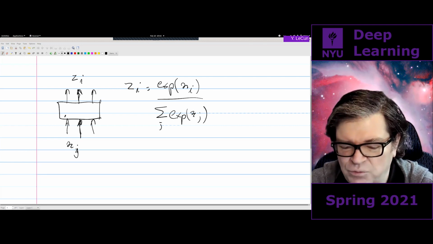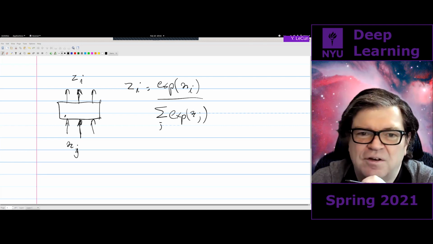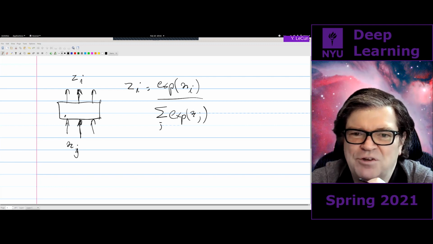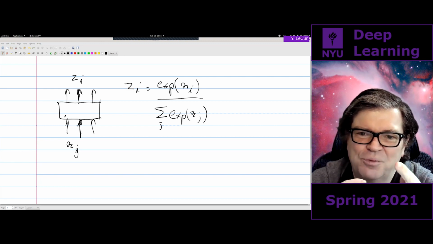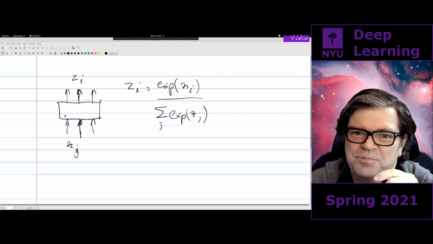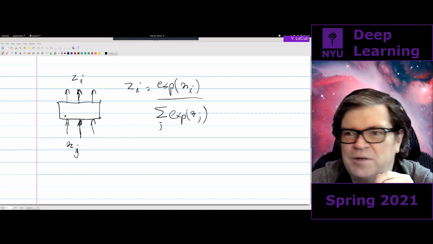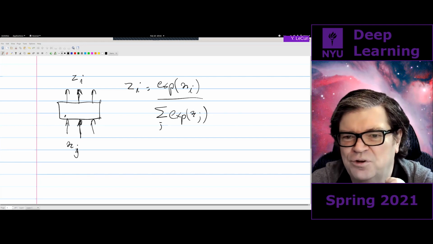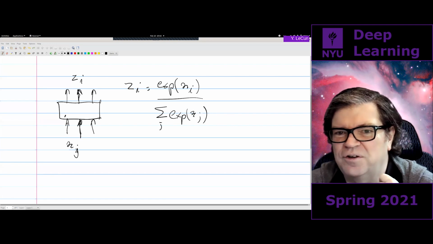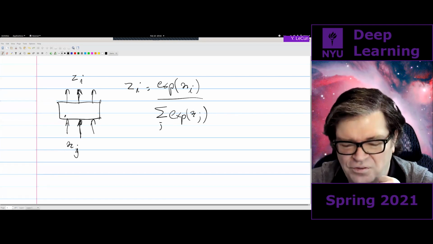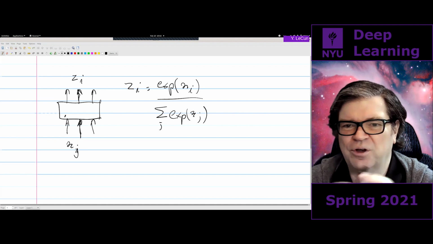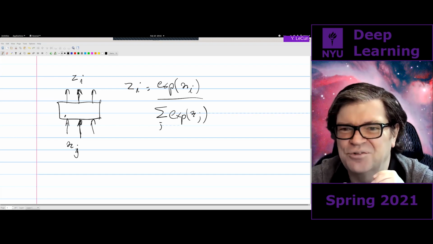It's quite obvious that when you sum all the zi's over i, you get 1, because you get the same thing in the numerator and the denominator. And they're all between 0 and 1 because, of course, the sum of the exponential xj's is larger than exponential xi. We're going to use this absolutely everywhere, so it's very important.